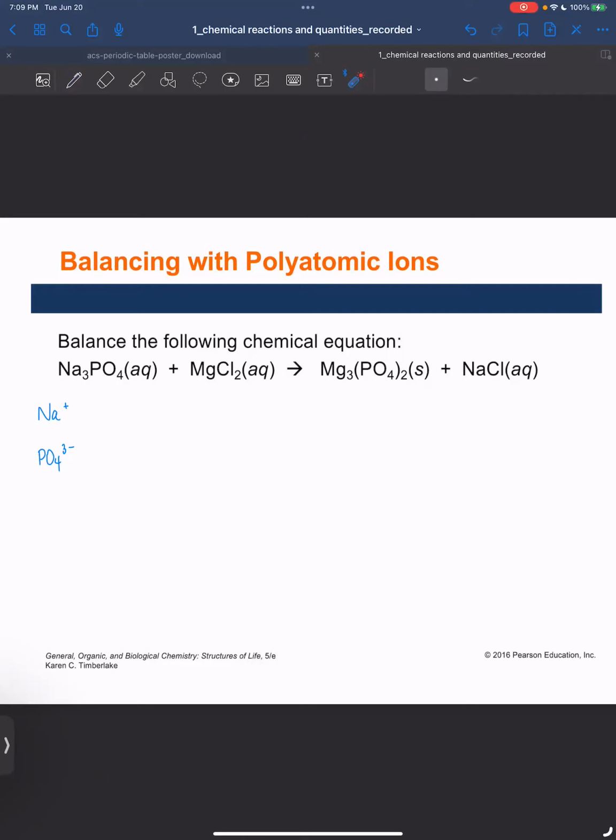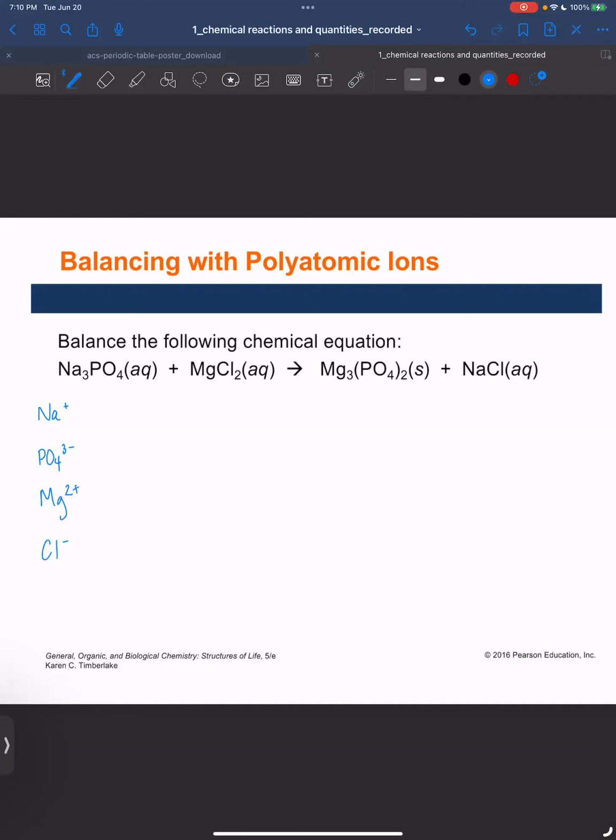You could write phosphorus and oxygen separate in your list of atoms, but it will just take longer. So if you notice that you have polyatomic ions in your equation, and you're balancing them and making the table, then keep the polyatomic ions as a group of atoms. This will help save you some time. This is a trick.